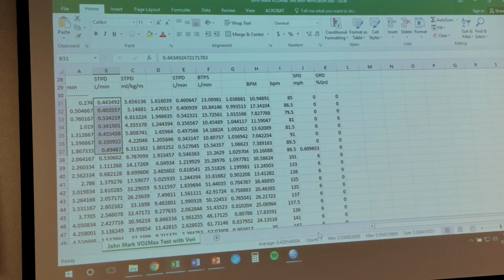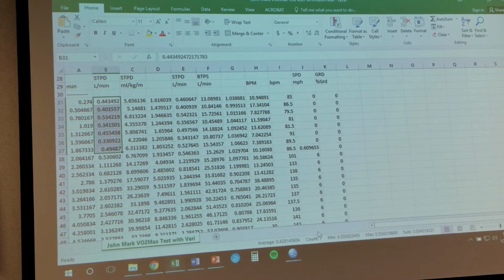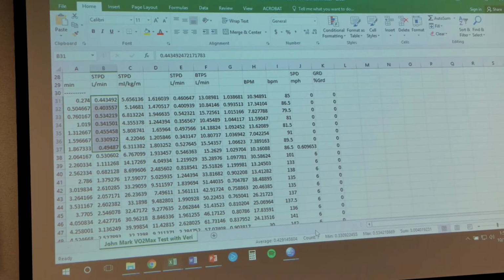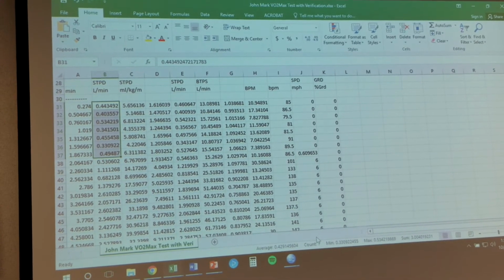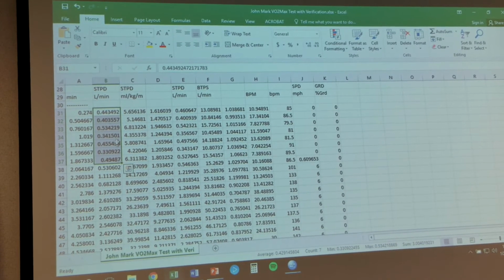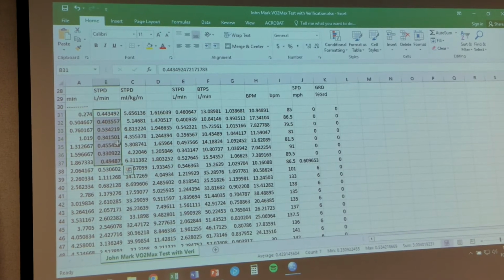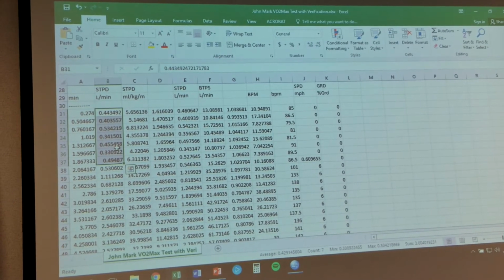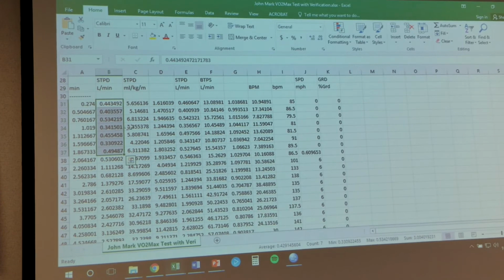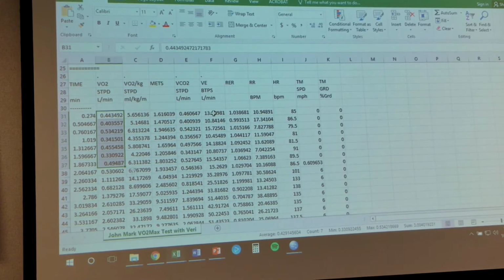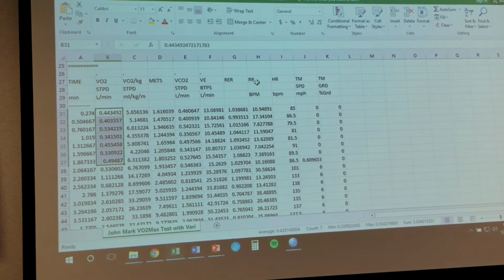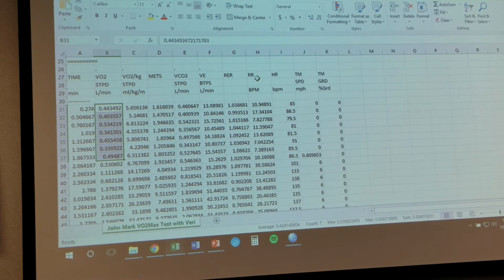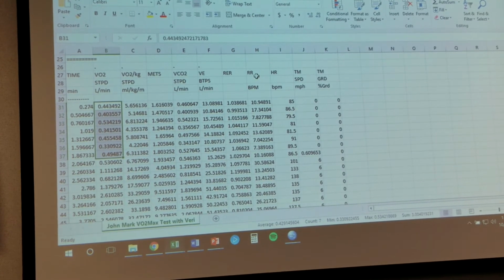That's the average that you're going to use for the resting one, because you're going to compare resting and maximal for all these different values. So for the rest, don't just use one cell. Use the average. Then you're going to do that for all of the variables there. I think I've got all of the ones you need. This RR is the respiratory rate. It's just breaths per minute. How frequently are they breathing?